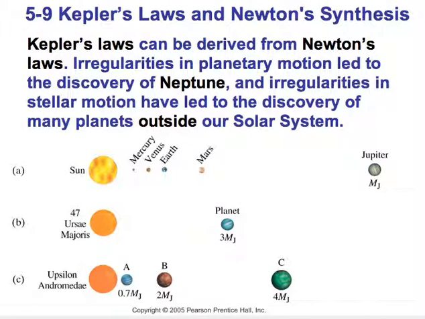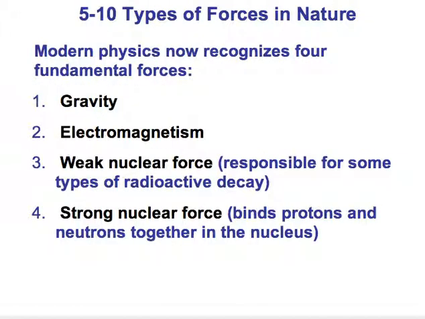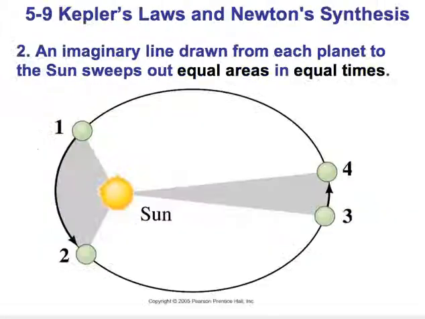So anyway, Kepler's laws can be derived from Newton's laws, but Kepler's laws are a little more descriptive. And one of Kepler's laws, Kepler's second law, says that when a planet is close to the sun, it's moving very quickly, and when it's far away from the sun, it's moving very slowly.